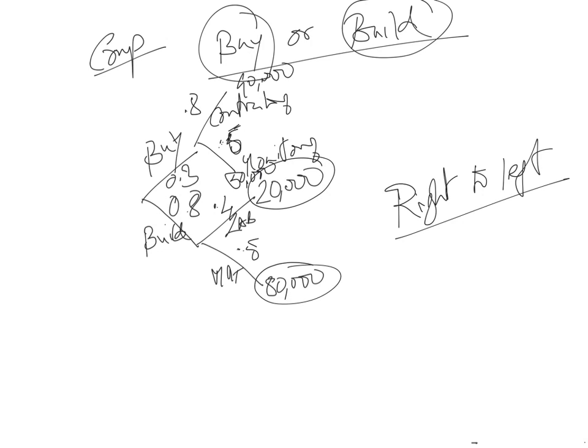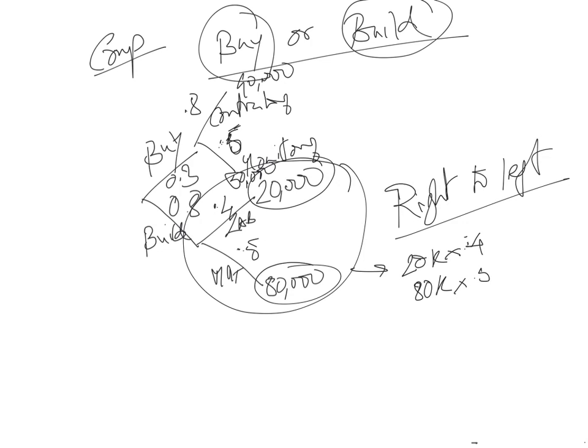In this case, we're first looking at the build scenario. So this section would be 20,000 cost times 0.4, the probability of getting it. Or you could have put in the 60% of not getting it, but it depends on how you want to frame the issue. And 80,000 times 0.5.